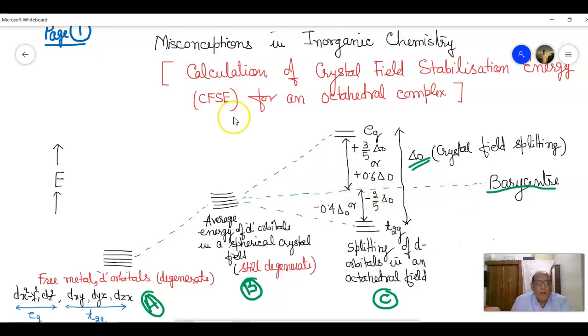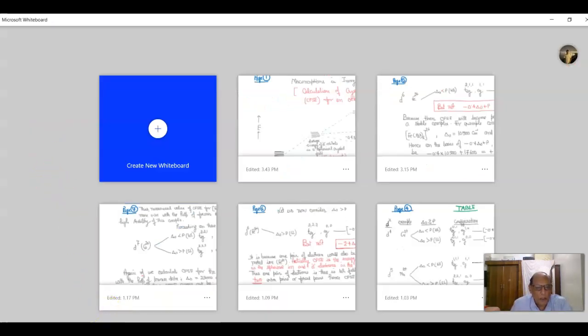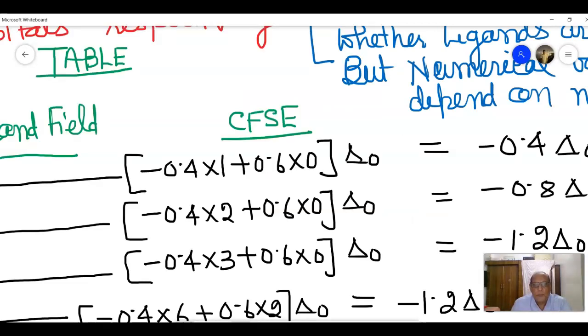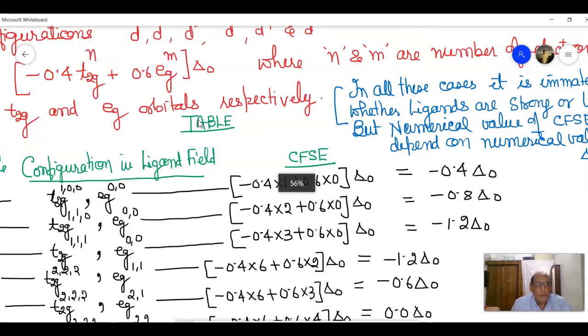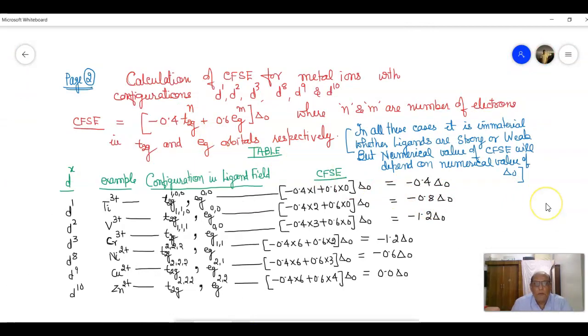So let us see what happens for the metal ions having configuration from d1 to d2, d3, then d8, d9, and d10. I'm deliberately not discussing presently the metal ions having configuration d4, 5, 6, and 7, because that is the actual point where confusion or misconception lie.